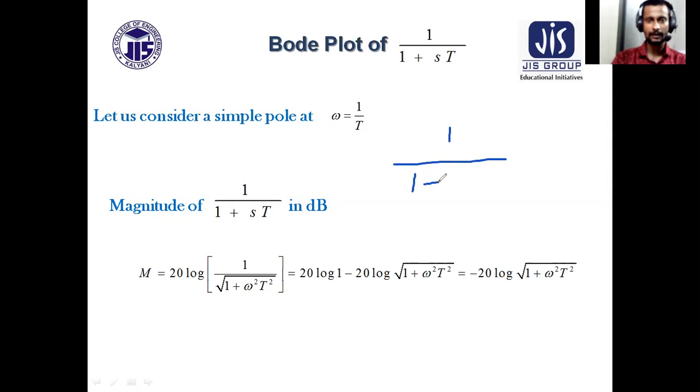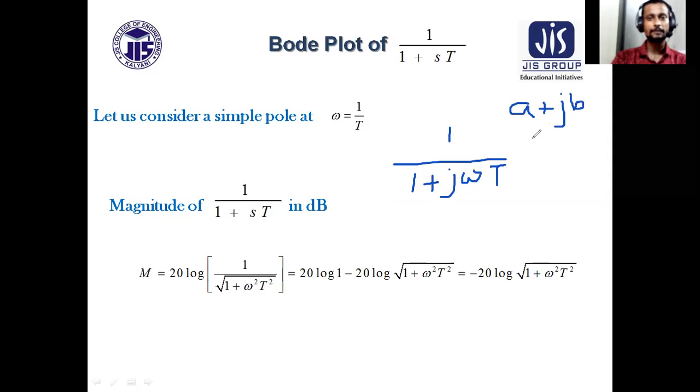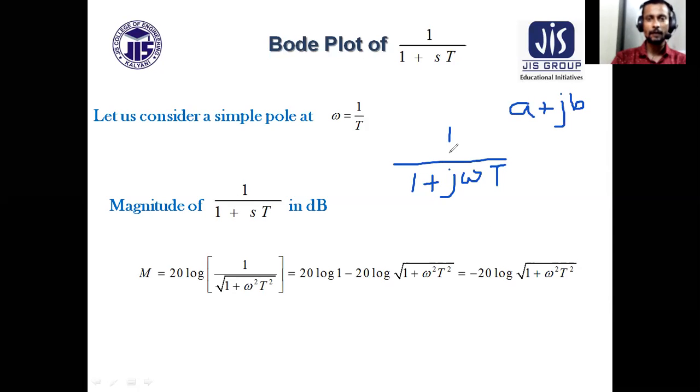S could be represented by j omega, so we write 1 by 1 plus j omega T. Now the magnitude of a plus jb is well known to us, that is under root a squared plus b squared. So the magnitude of 1 by 1 plus j omega T will be 1 by under root 1 plus omega squared T squared.